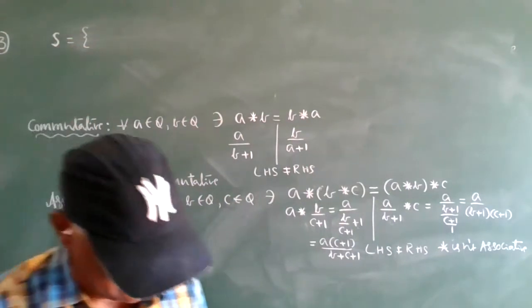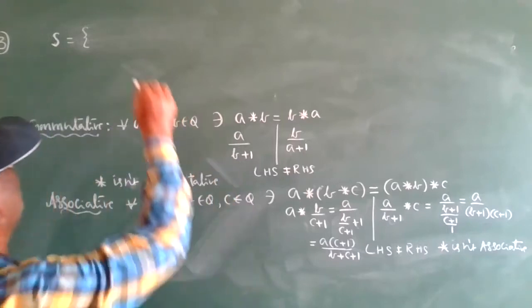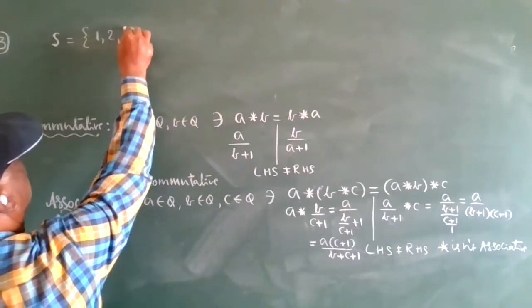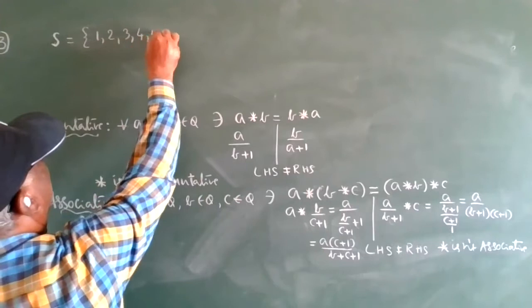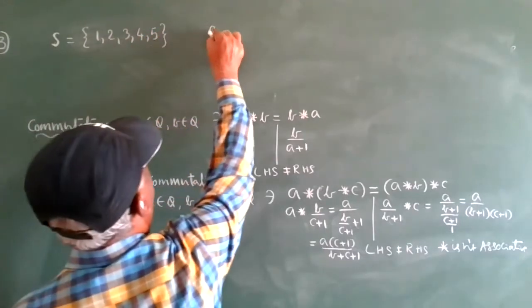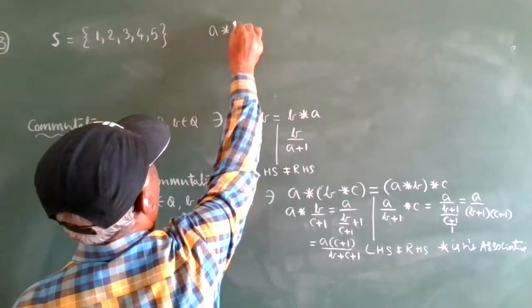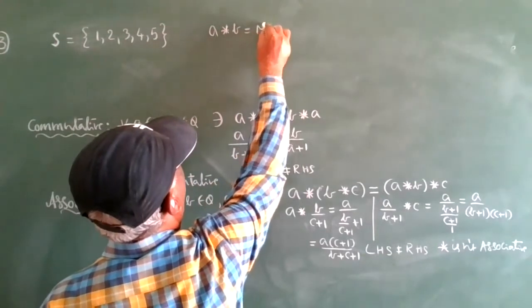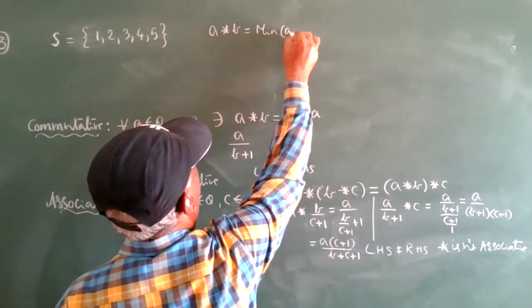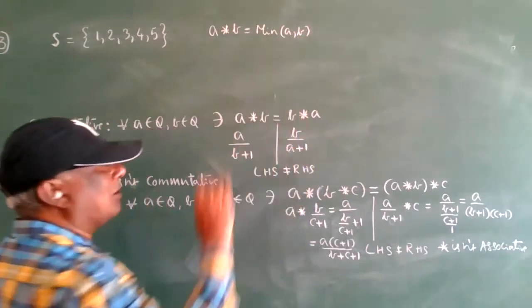I am taking S as 1, 2, 3, 4, 5. Here A star B is defined as the minimum of A and B. Of these two, you have to take the smaller one.